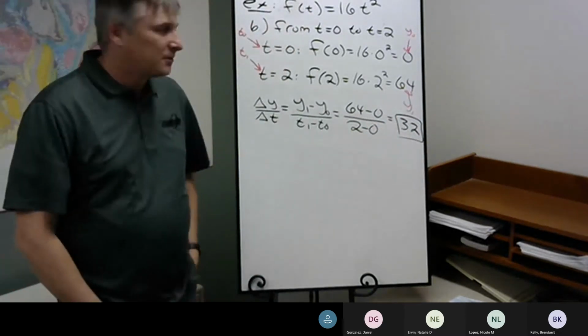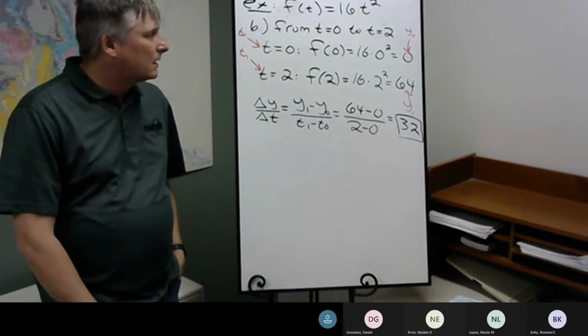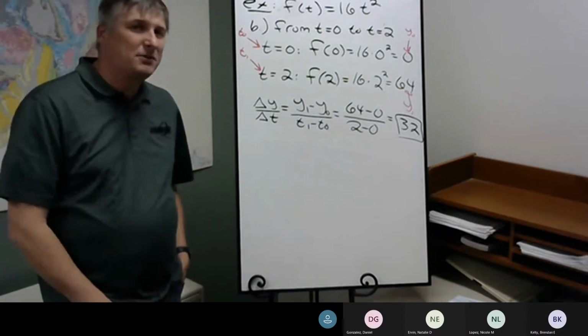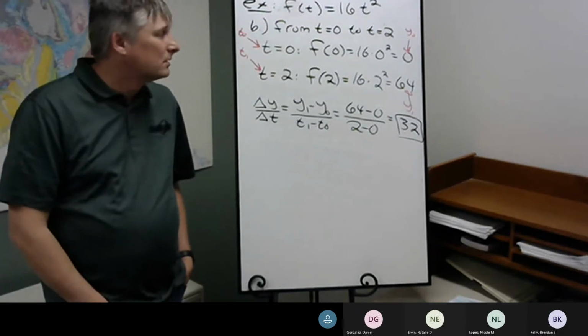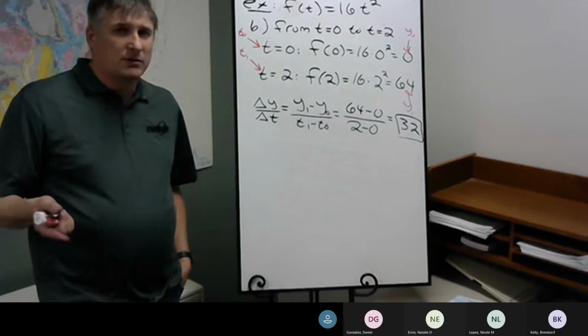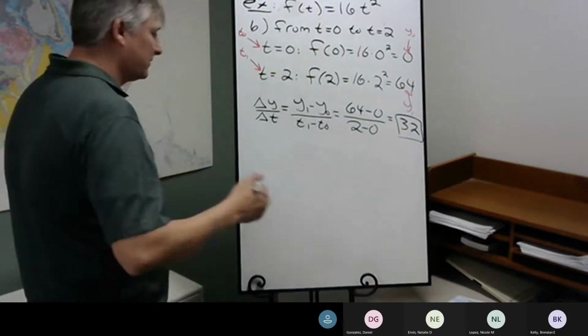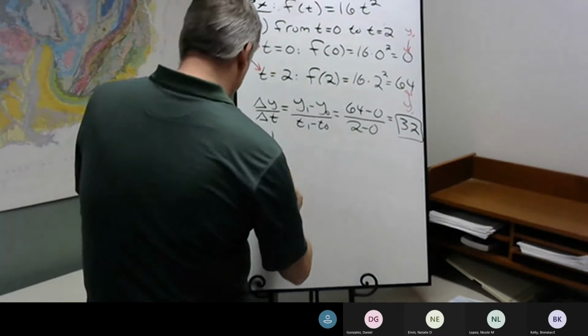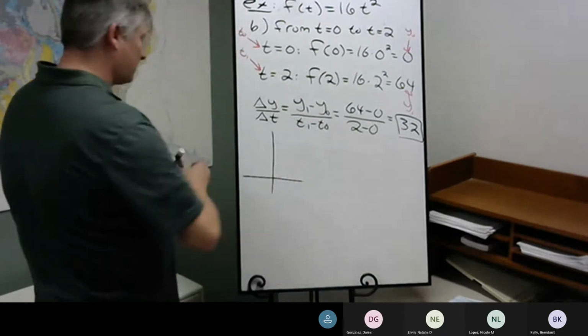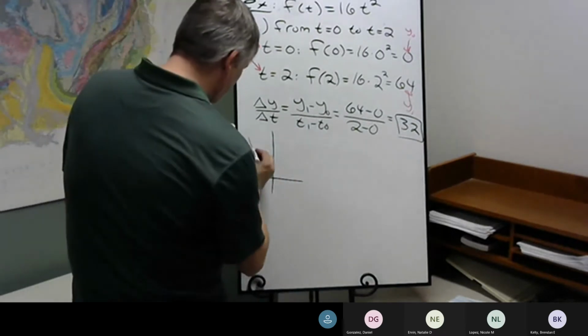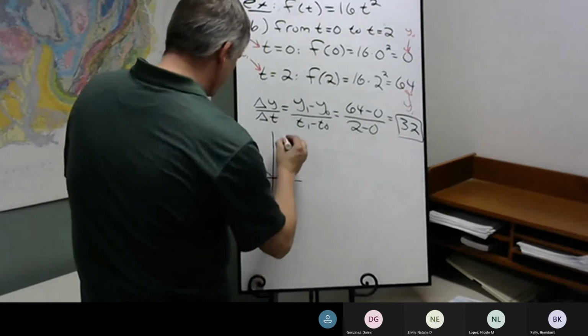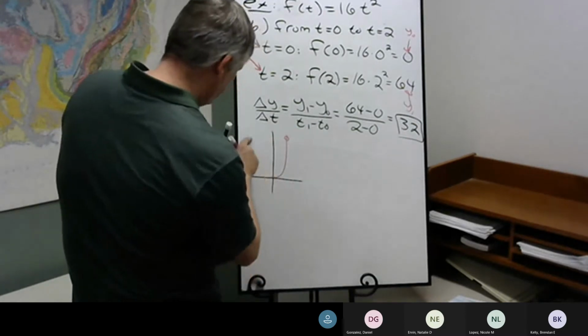So the difference is this. The thing to keep in mind is 16t squared is a parabola. So when we choose different points on this parabola, we're actually getting different lines. So for example, steeper than that.